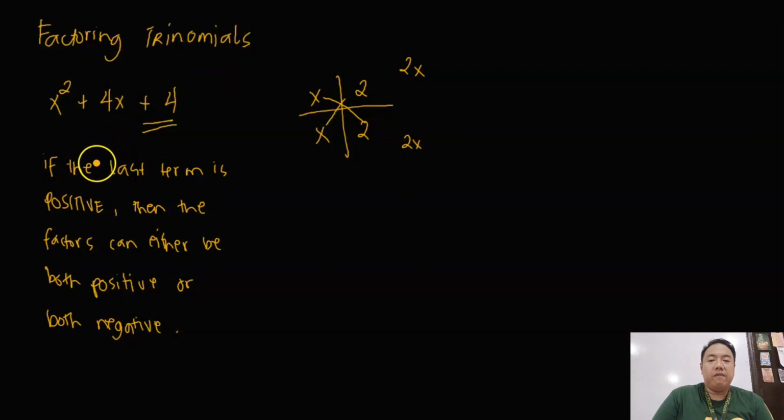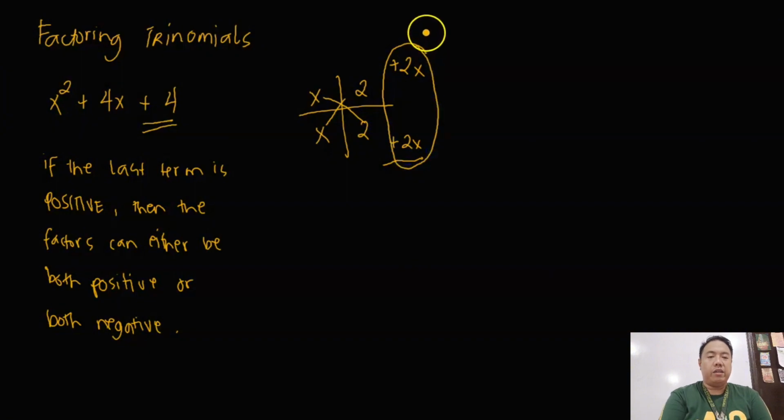Middle term is positive, so that means both of the terms should be positive po. Ilalagay natin parehong plus dahil nga positive po siya. Lahat po ng nandito sa part na to will always be under addition of integers. Okay? So, both positive 2x and positive 2x, that is positive 4x.